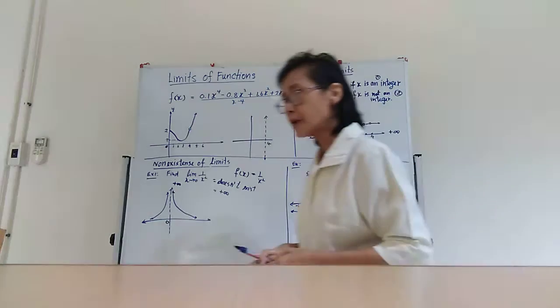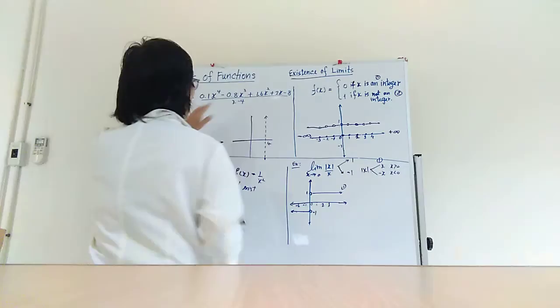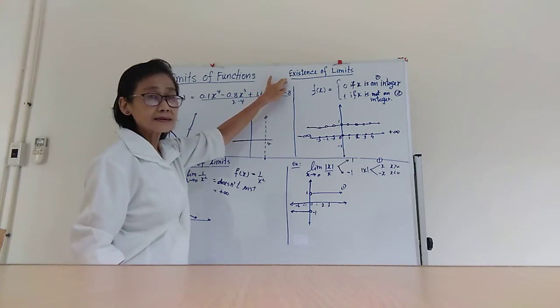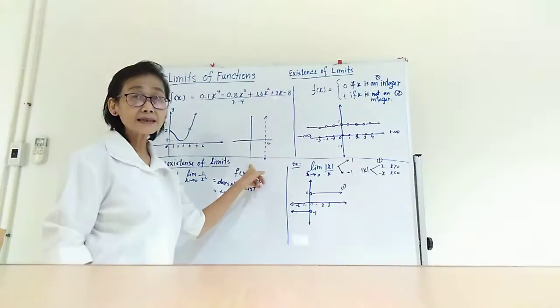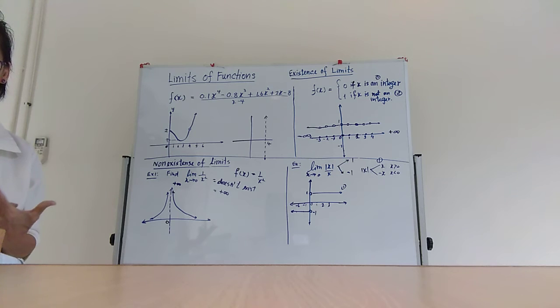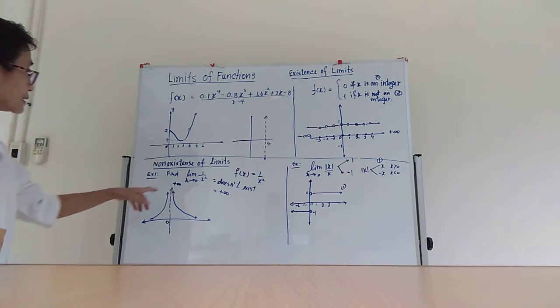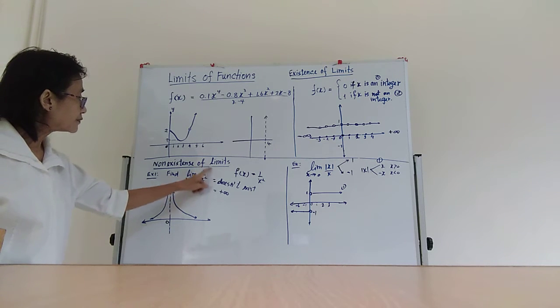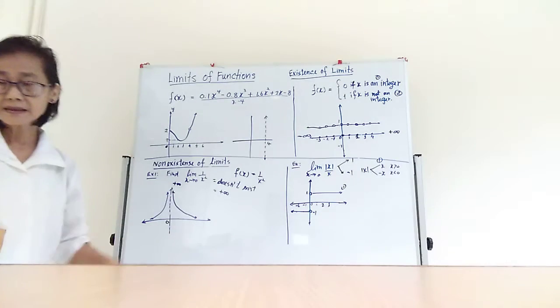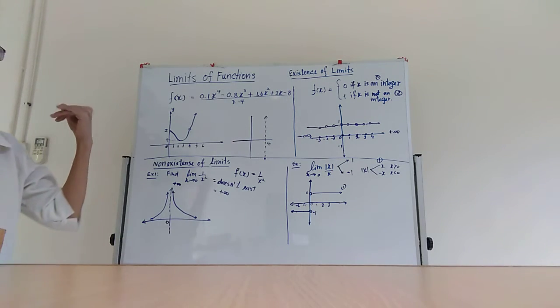Okay, from these examples, when the limit exists and when the limit doesn't exist, let's see. This one is the f, and this is c.